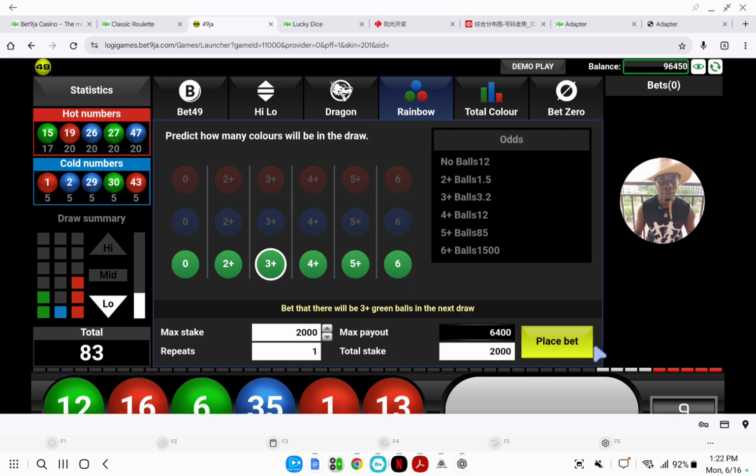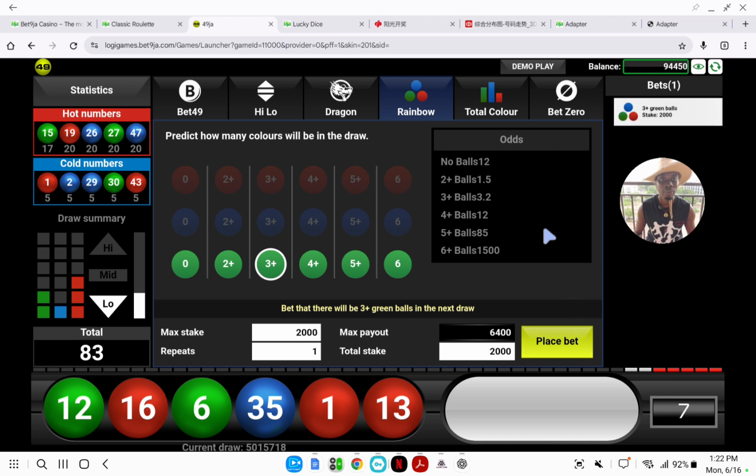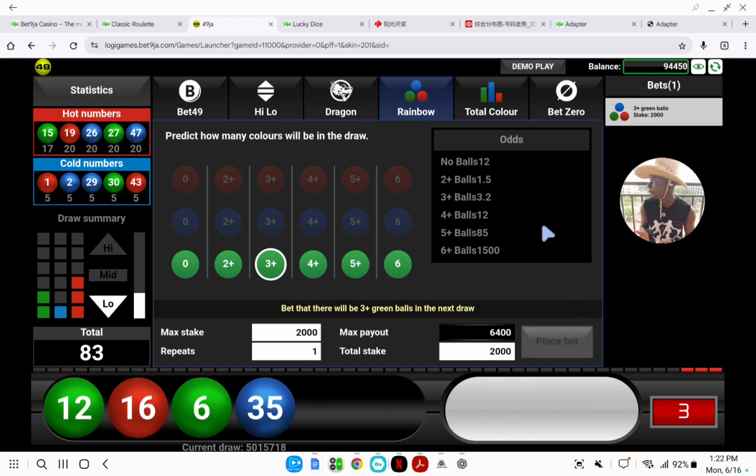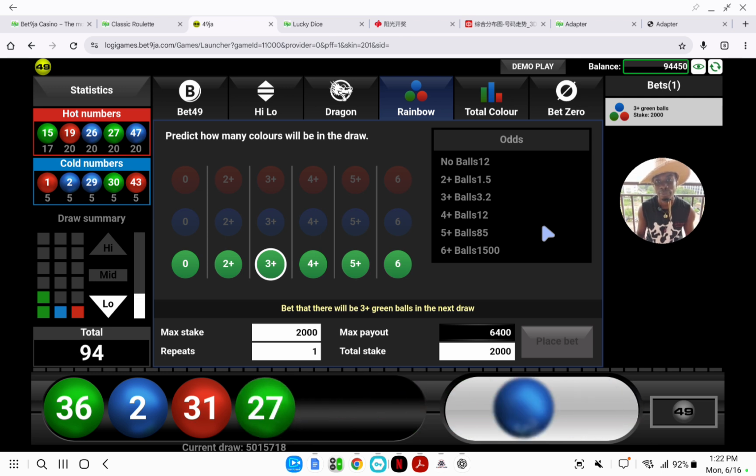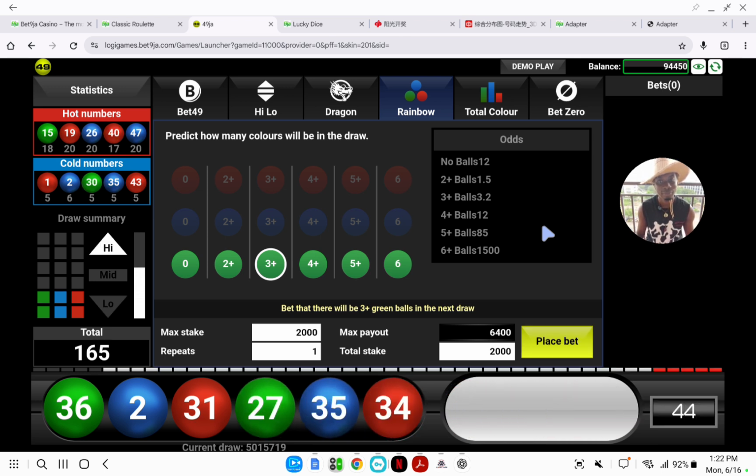Okay, still on the green. You can see the market wants to move to the green. The trend wants to favor the green, but yet it's still flopping between the red and the non-winning color.